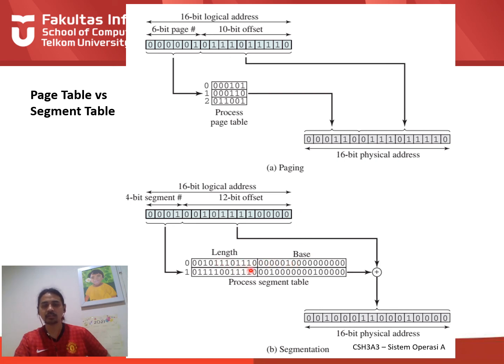If it doesn't exceed the length, it means that the logical address that we are searching for is inside this segment. So if we add this base with this logical address, we will get the physical address, and we can take the address that we want. We will learn an example of that in the next video.